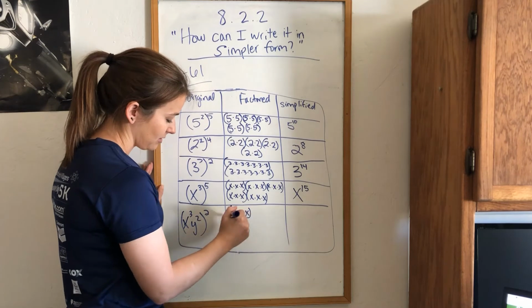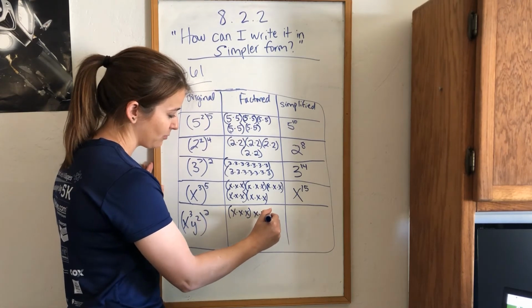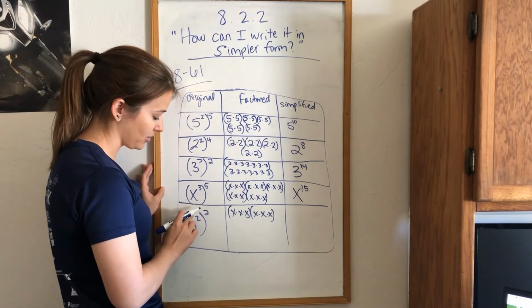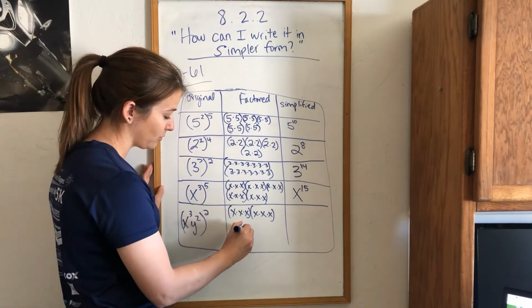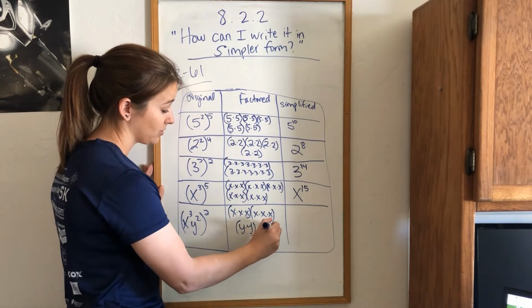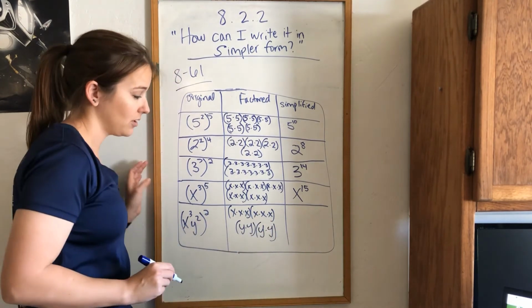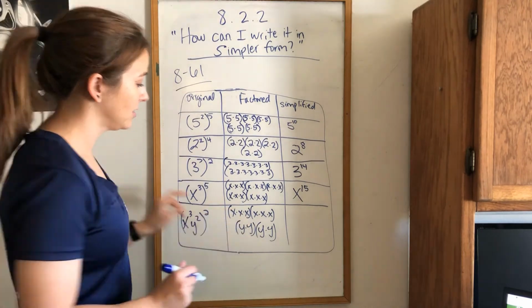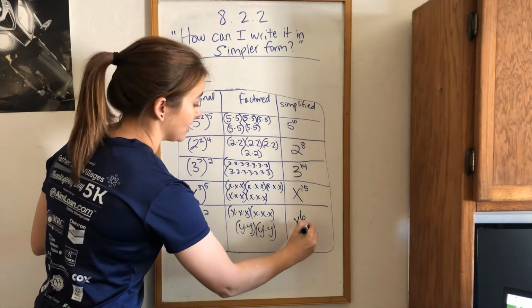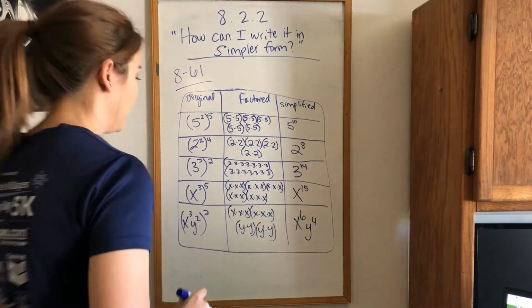So x to the 3rd, that's 1. Let's make 1 more. So that's 2 groups of x to the 3rd. Let's make 2 groups of y to the 2nd. So there's 1 group. Here's the second group. Okay, now if we count up our x's, we have 6 of them. So x to the 6th. We have 4 y's, so y to the 4th.